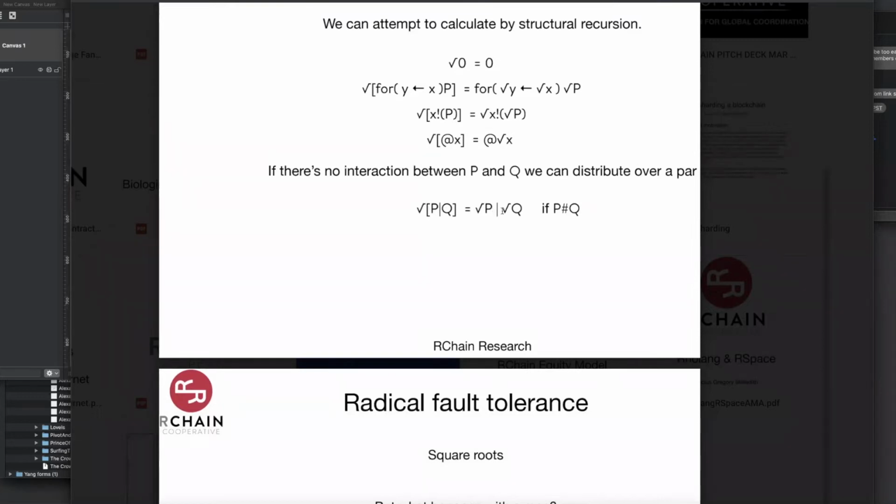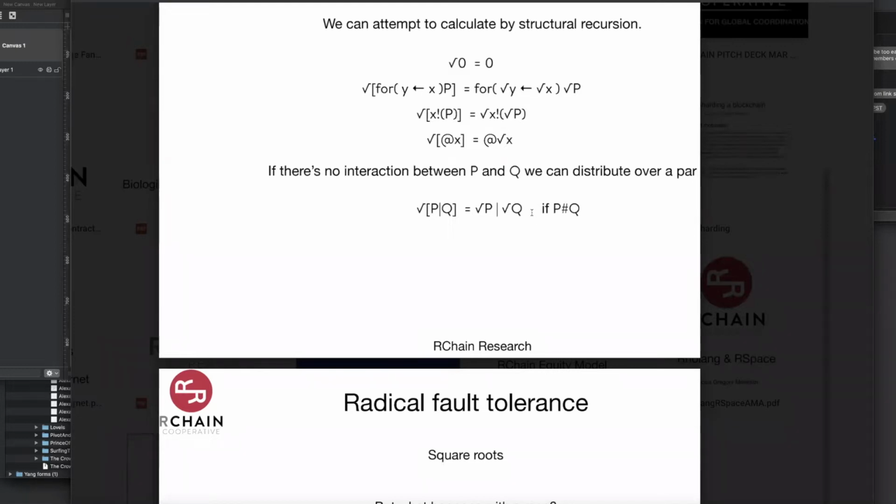Now, if the free names of p don't intersect the free names of q, so if they are isolated from each other, that's what this notation means, then it is safe to distribute the operation, right? Because they don't interact. So there's no problem with just going ahead and taking this square root. Because if you were to square it, you'd have square root of p par the square root of q par the square root of p par the square root of q, right?